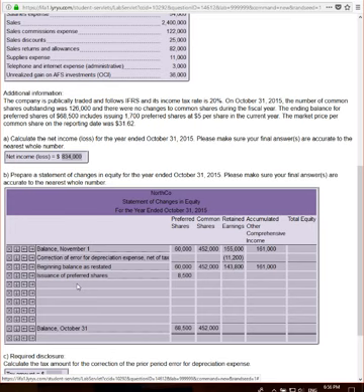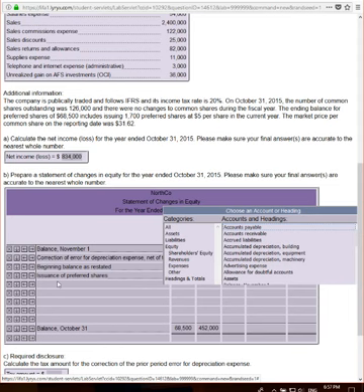All right. So I think the next thing we should do then would be the retained earnings, the net income. So we're going to add net income.